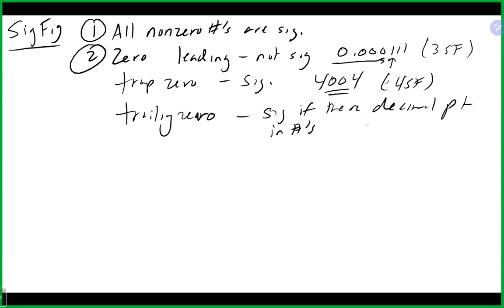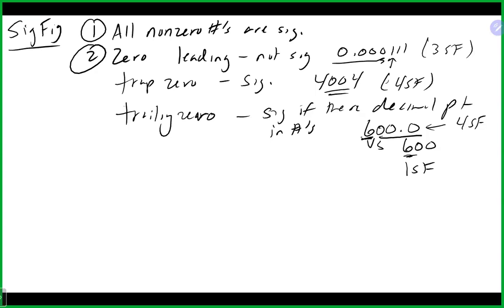So if you had 600 versus 600 written like this, this guy would have four significant figures. All these zeros would be significant as they are after the last non-zero, and they do have a decimal point in the number. Here, this guy would actually just have one significant figure, and that would be the 6, because there is no decimal point written in this number.